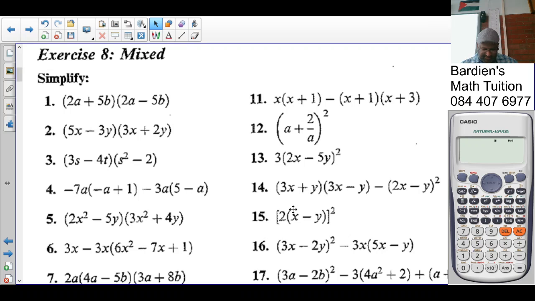Number 7 is 24a cubed plus 34a squared b minus 80ab squared or negative 80b squared a. Okay, you all okay with that? Alright.